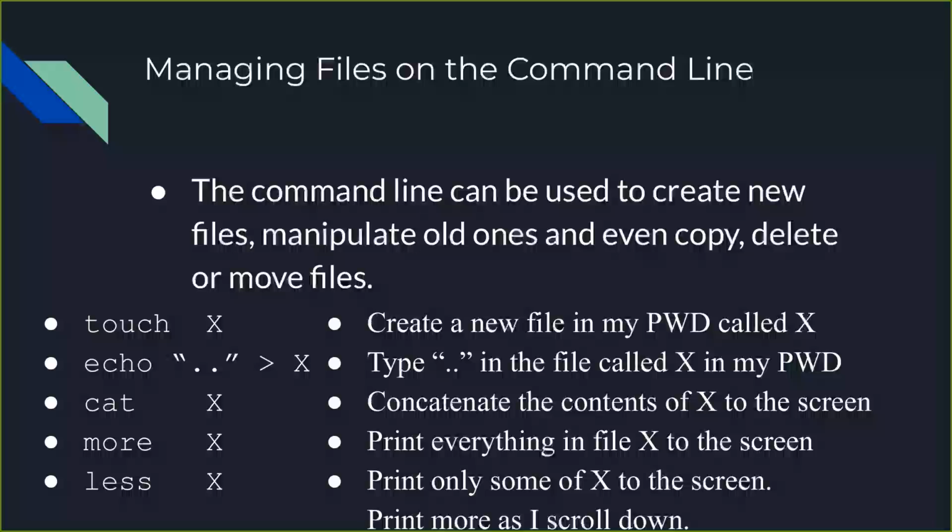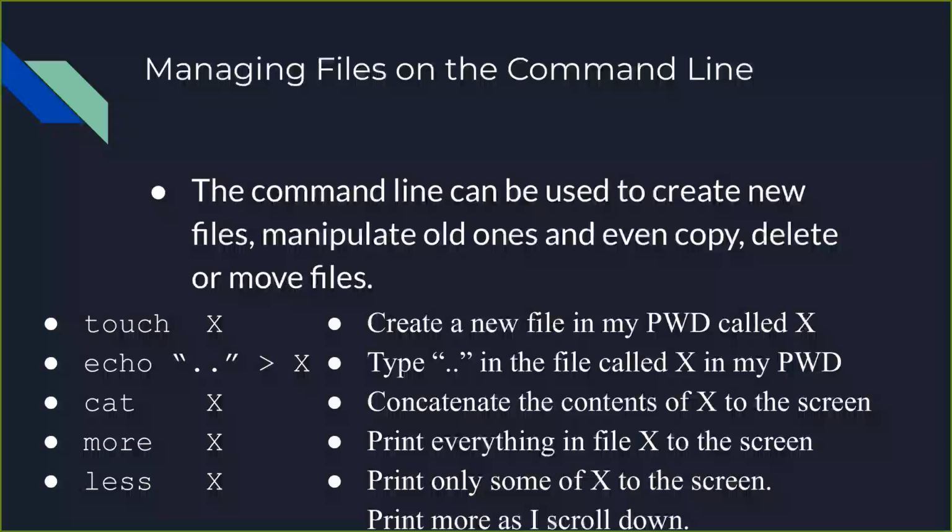So instead, what I could do is type less, and then start pressing the down key. Rather than me having to go up and down and dig through every single line, it would allow me to only look at a certain group of lines, and it sort of acts like command line scrolling.